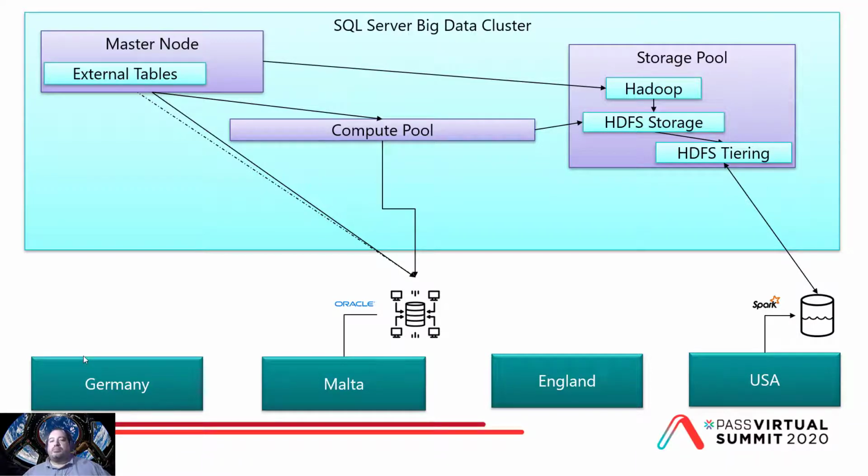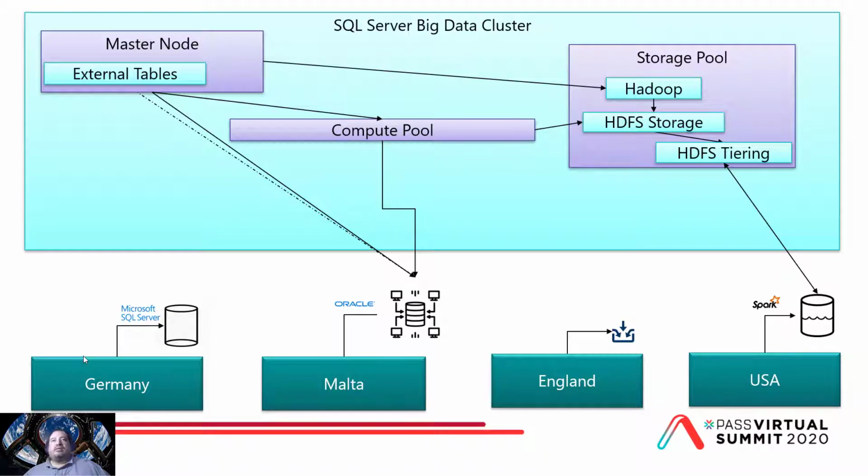There are other possibilities. For example, we have here Germany and England. The other possibilities would be if we have production data, maybe structured or unstructured. These branches don't have either a data lake or a data warehouse. They have production data. How do we deal with that?